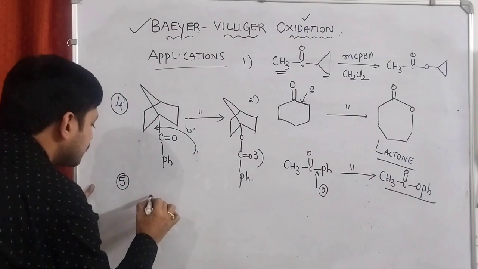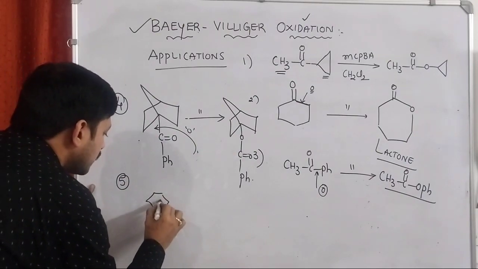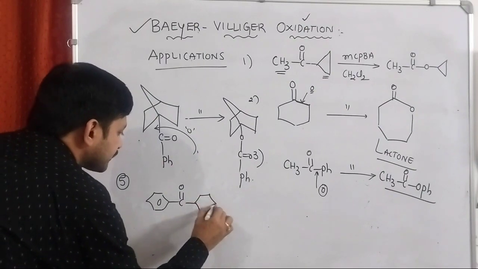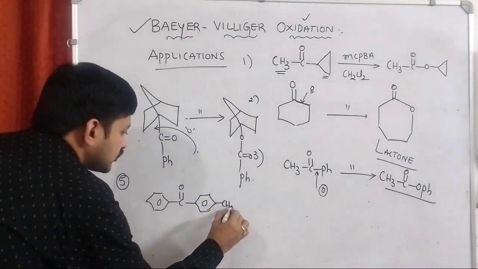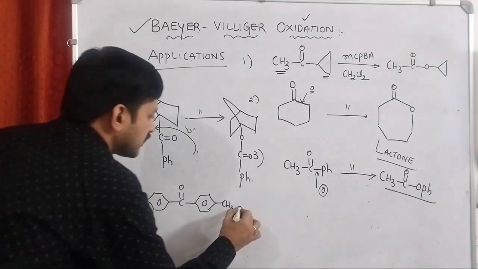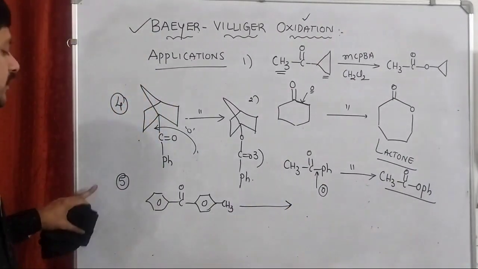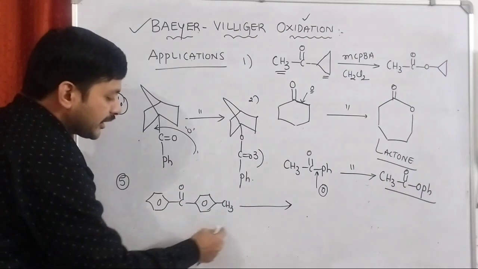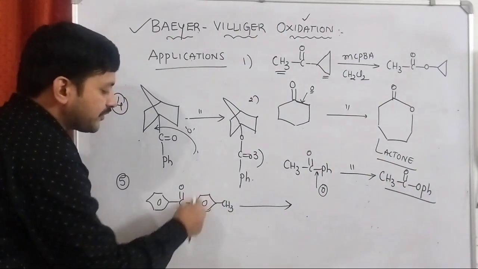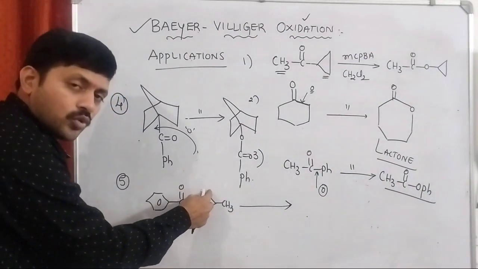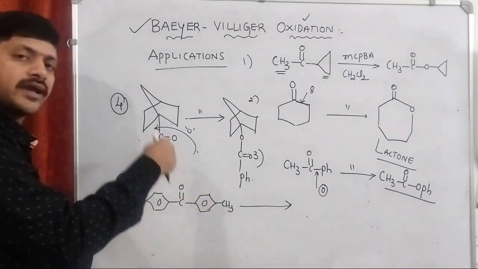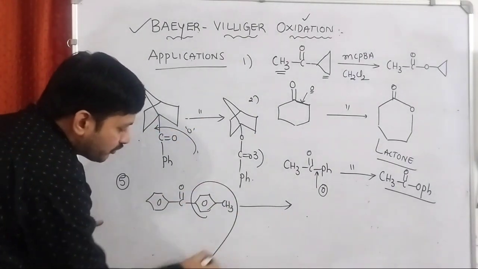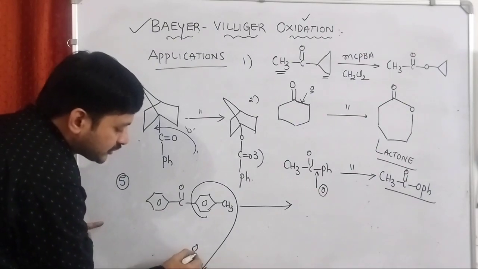Another example, suppose you have a ketone in this way, CH3. Already we know that, compared with the simple phenyl, the electron-releasing substituted phenyl group has more capacity to migrate. That's why this group is going to migrate towards the oxygen.